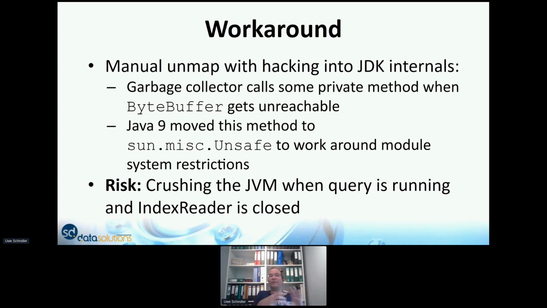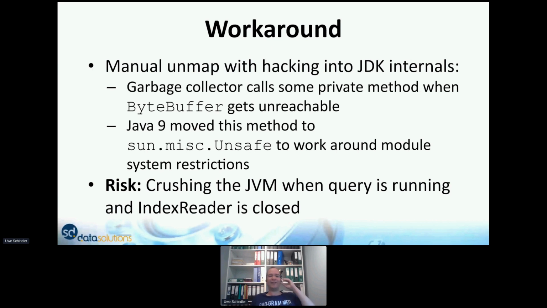So what we're doing is we're going to private APIs in the Java class library to call that small piece of code, which is called normally only by the garbage collector, to unmap the memory from the Linux kernel once we are done with the byte buffer. So when we are closing an index, we just tell all the byte buffers that we have, close or unmap the memory behind.